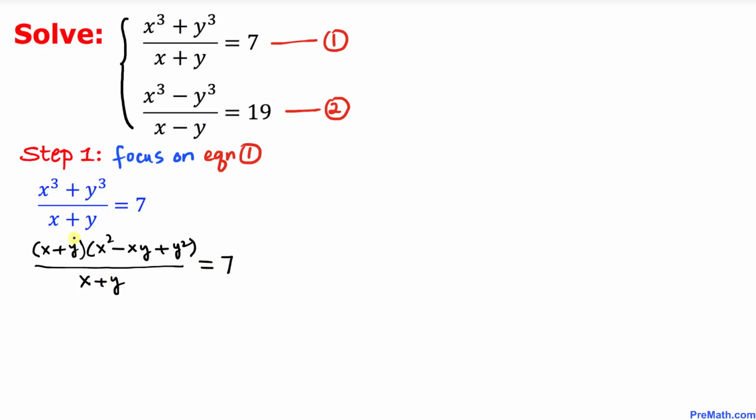And now we can cancel out x plus y with this x plus y. So we ended up with x square minus xy plus y square equals 7. And now let me call this equation number 3.